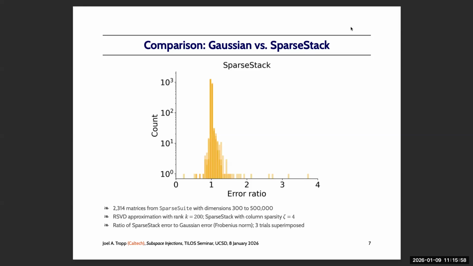What you can see here is that the approximation errors are the same regardless of whether we use this expensive dense random matrix or the fast sparse random matrix. For the most part, the errors are exactly the same. Even in the worst case, the sparse dimension reduction map is only 4 times worse. And there are actually situations where the sparse one is even better.